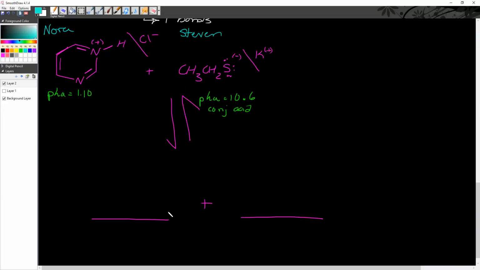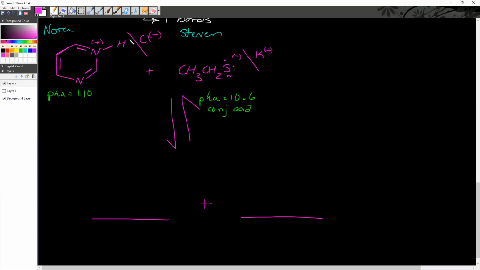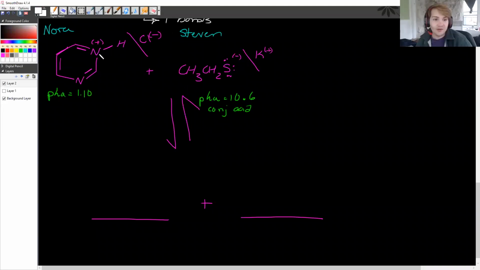What do the Cl and the K mean? Very good question. So these over here are spectator ions. You could also say they're counter charges or counter ions. Basically, you can't just have negative things in solution.